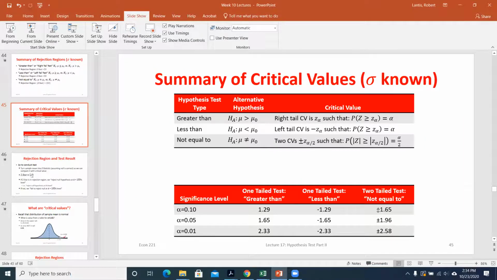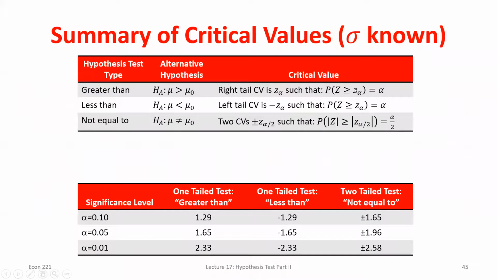A positive and negative pair of critical values. Now, I wouldn't worry too much about the mathematics up here unless you're really curious. What we're really saying is, for a right-tailed test, these critical values will always be positive. For a left-tailed test, always negative. Two-tailed test, we're going to have a pair.